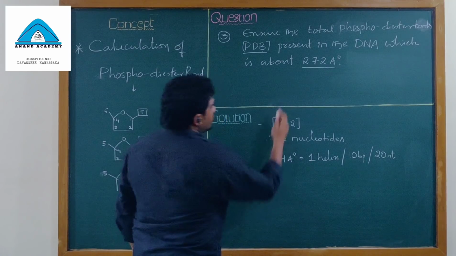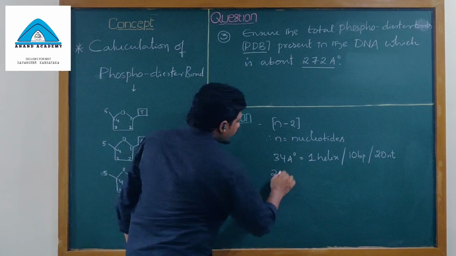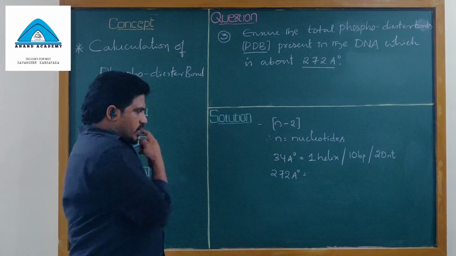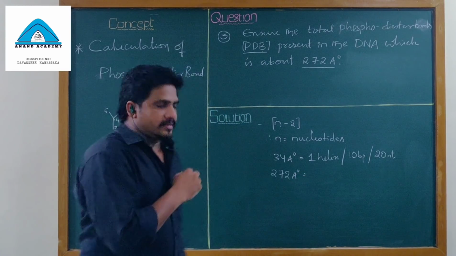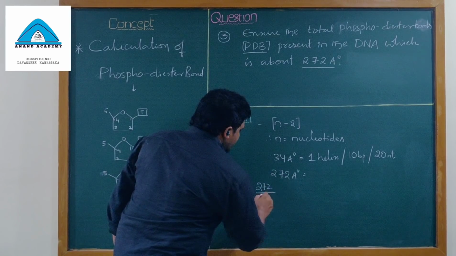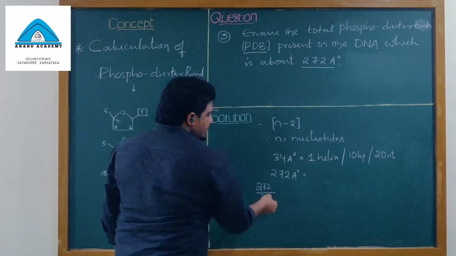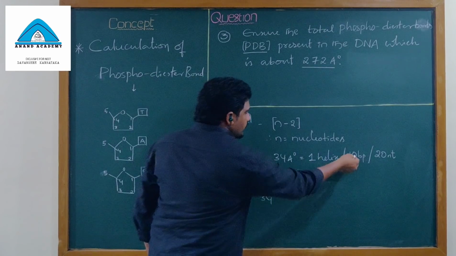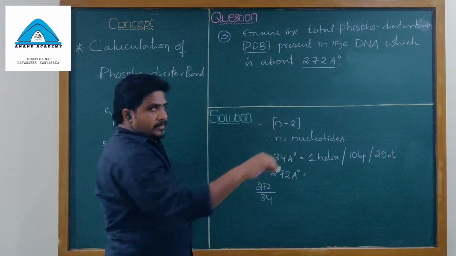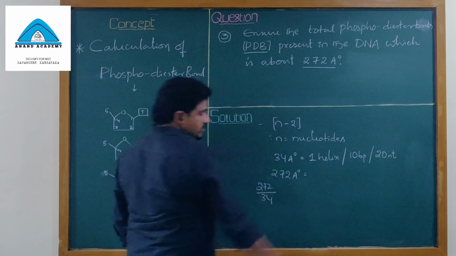Then what is the length given here? 272 angstroms. How many helices are present for 272 angstroms? For that, 272 by 34. If you want nucleotides, the distance for each base pair is 3.4, so 272 divided by 3.4 gives the base pairs.